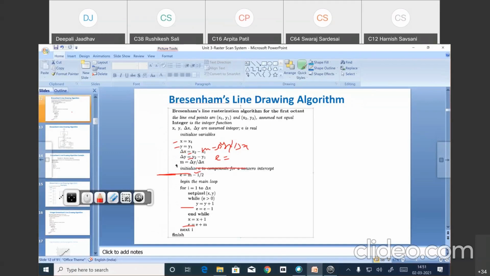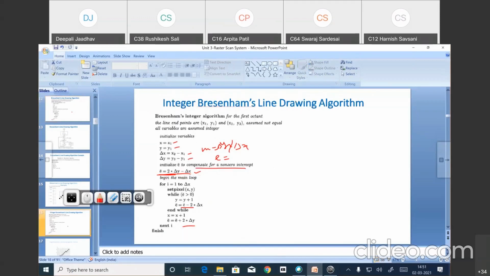Both may generate floating point. So instead of calculating m, here the error term is initialized in a different way: 2 into delta y minus delta x, so that it always generates an integer value. Never is a floating point generated.